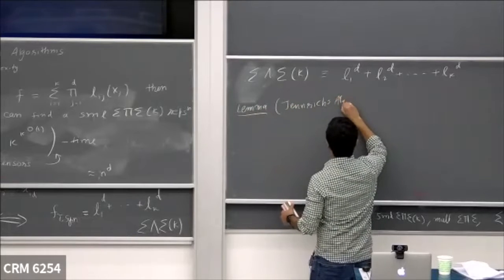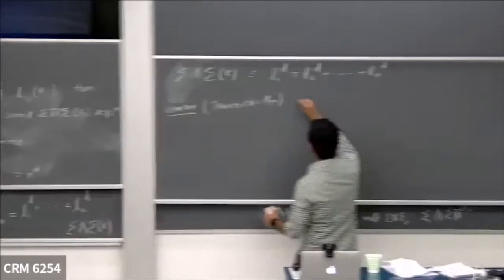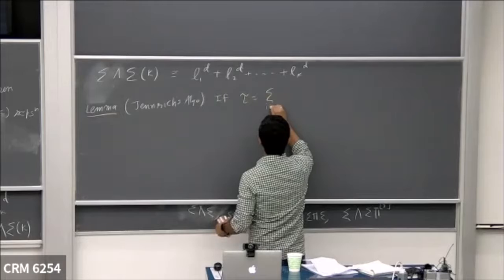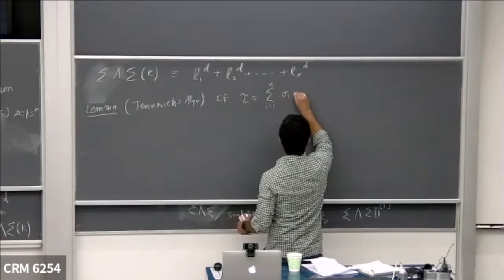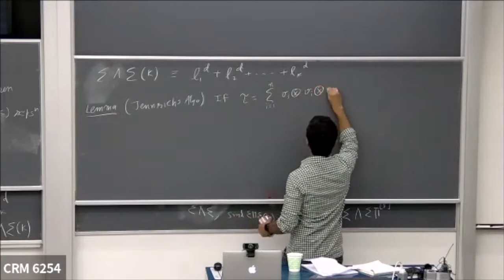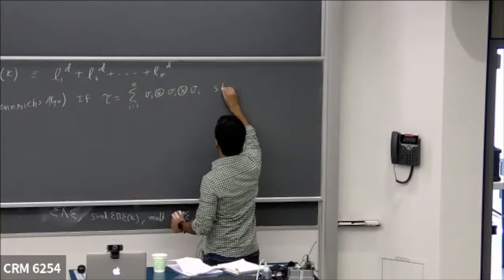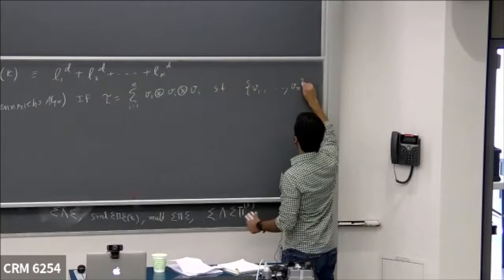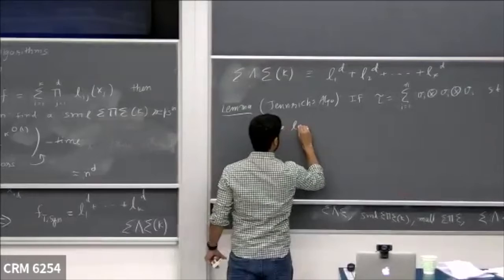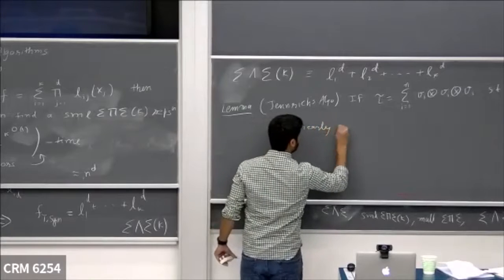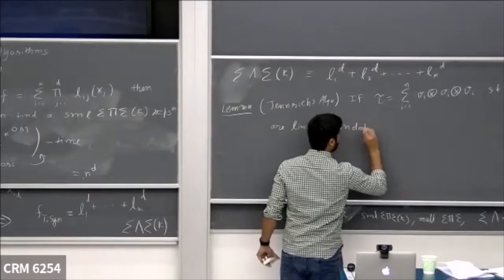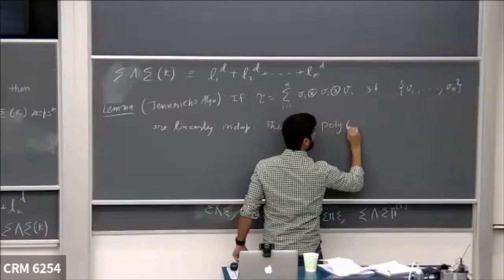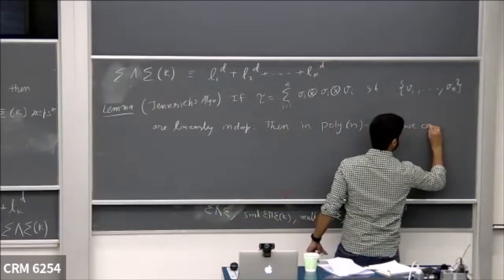It's the following thing: if your tensor is summation i equal to 1 to n of v_i tensor v_i, such that v_1 up to v_n are linearly independent, then in poly n time we can decompose tau.